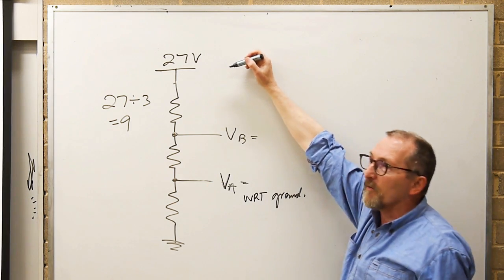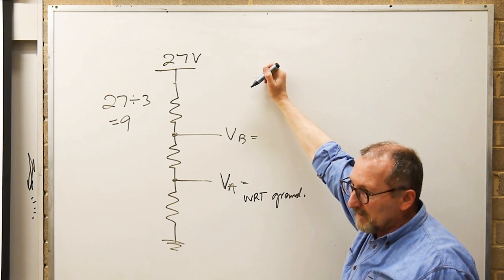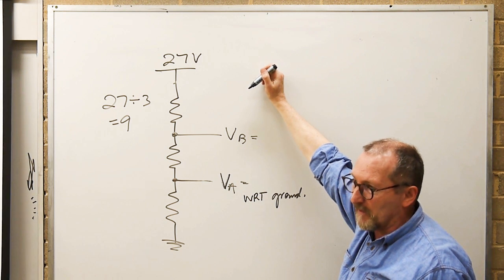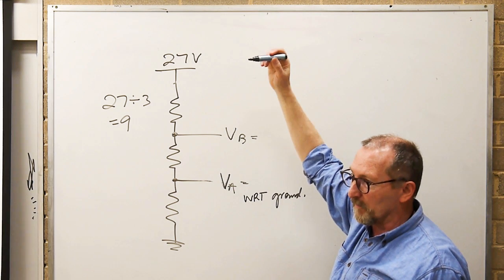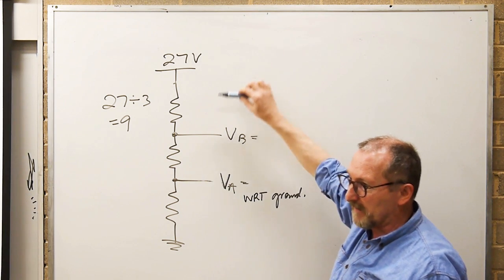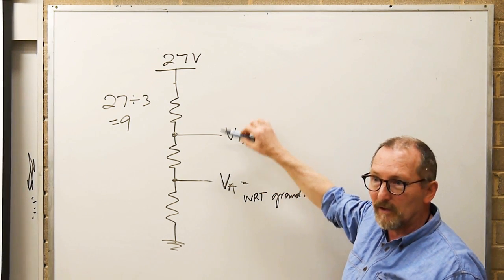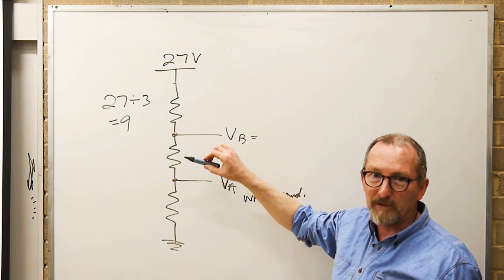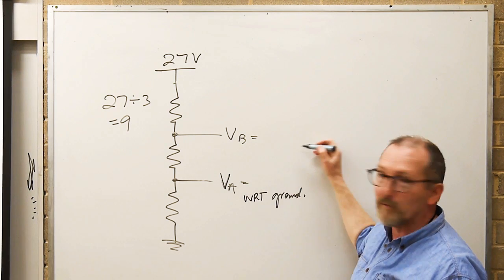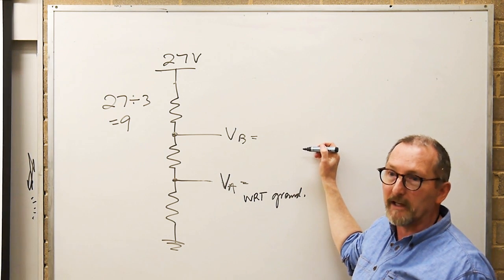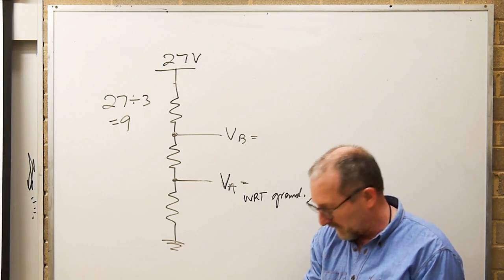Look, to be fair, I can see your point. But how many times in labs so far this term have we put the negative terminal of the voltmeter on the rail and then measured down the circuit that way? We've always gone from ground and measured up. But to be fair, point taken, it should have said VA with respect to ground and VB again with respect to ground. It's a good point. Any other comments about that? Okay.